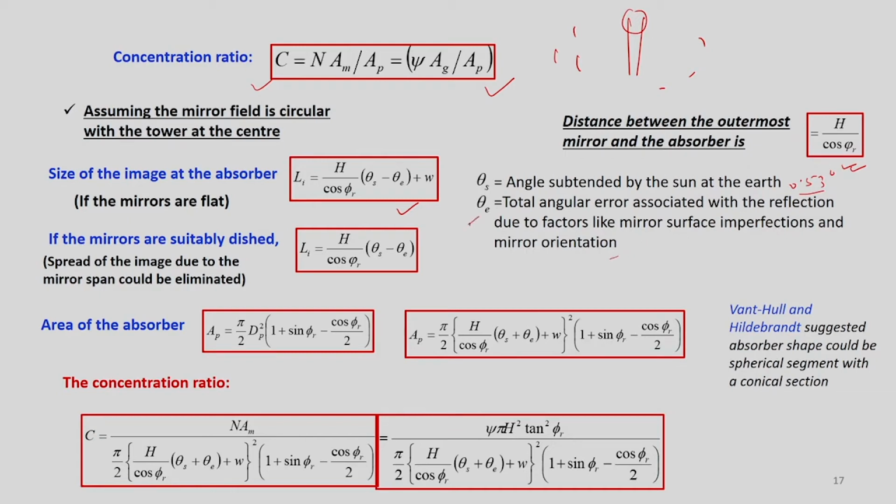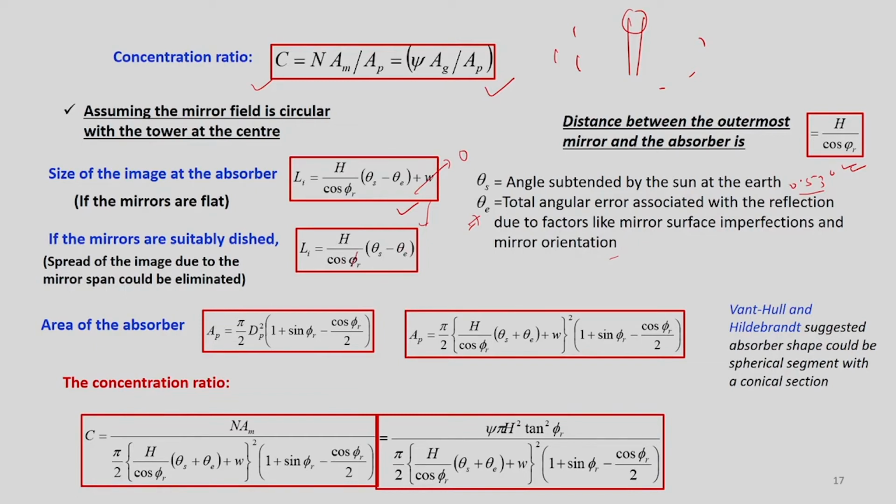So, this has to be accounted for in order to calculate the size of the image at the observer. Now, if the mirrors are suitably dished, then W will be 0 in the case of suitably dished mirrors. Under that condition, the size of the image will be Li equal to h by cos of phi r times (theta s minus theta e).